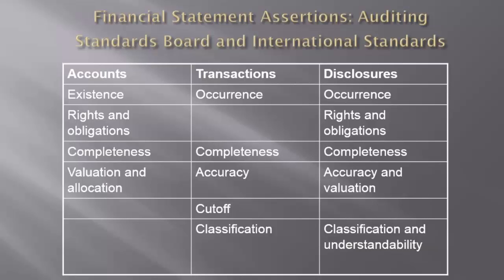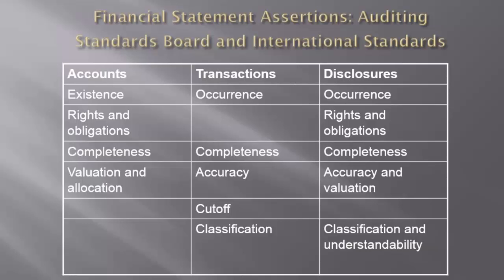They're asserting that everything in the ledger related to fixed assets actually exists. And they're also asserting that everything that should be in the fixed asset listing is there. So that is completeness.